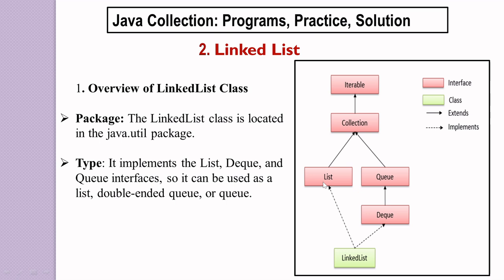The List interface is index based, and Deque is double ended. In a double ended queue, we can add, remove or access elements at both ends of the queue. Linked list is the implementation class of the List interface and Deque.